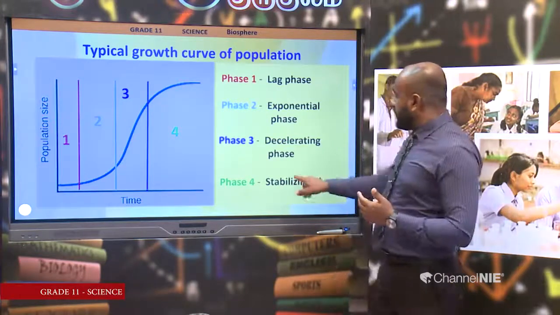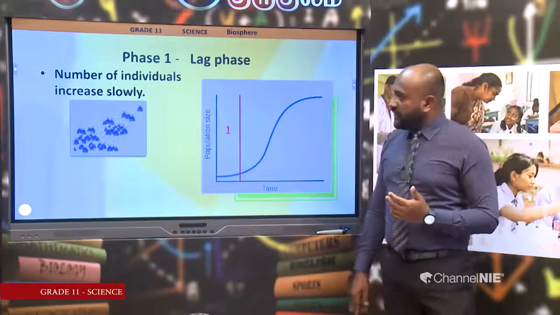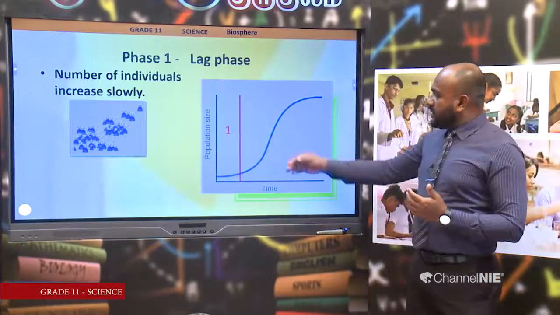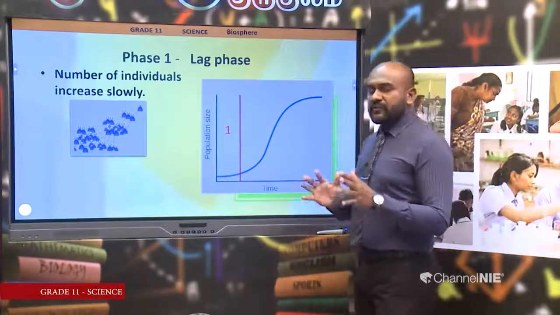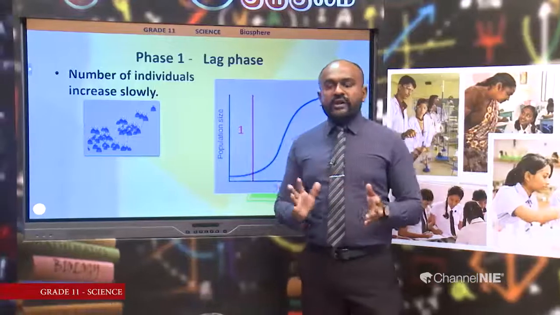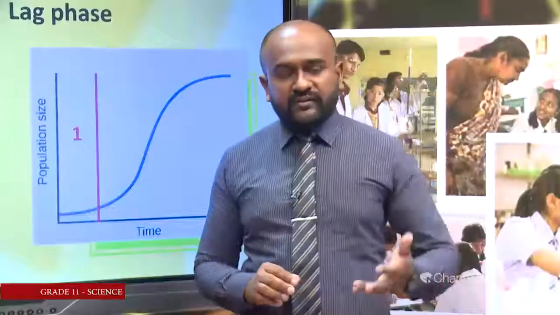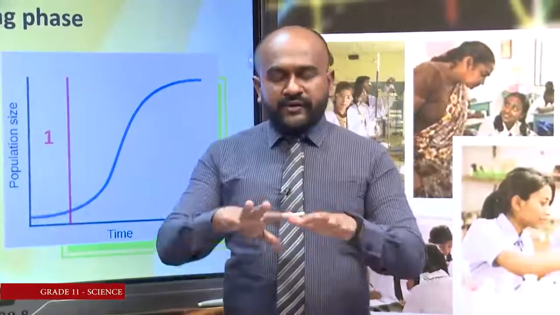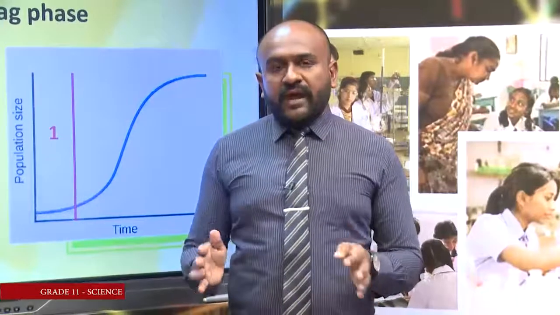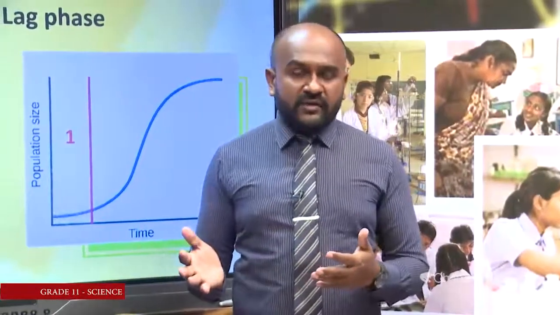Okay. Let us see the first one, the lag phase. You see a slow growth rate in the lag phase. So, what do you think? Why does the number of organisms increase slowly at this phase? Just think of a group of organisms which have gone to a new area. They are not really adapted to the area, and meanwhile, they may not be sexually matured organisms.